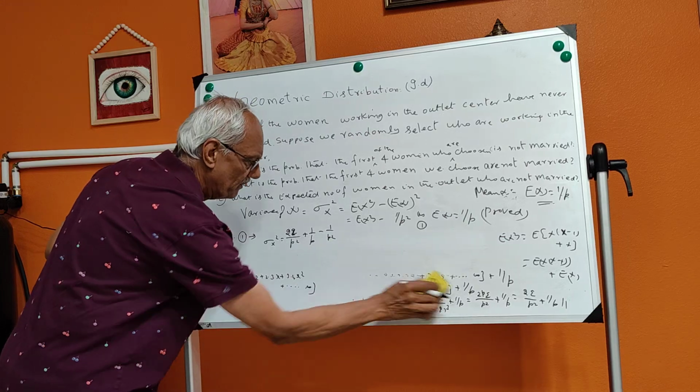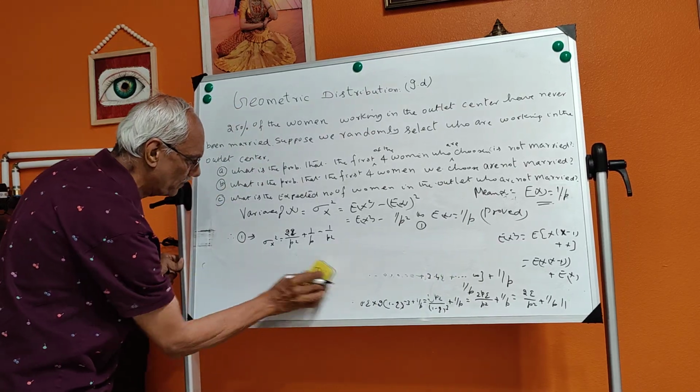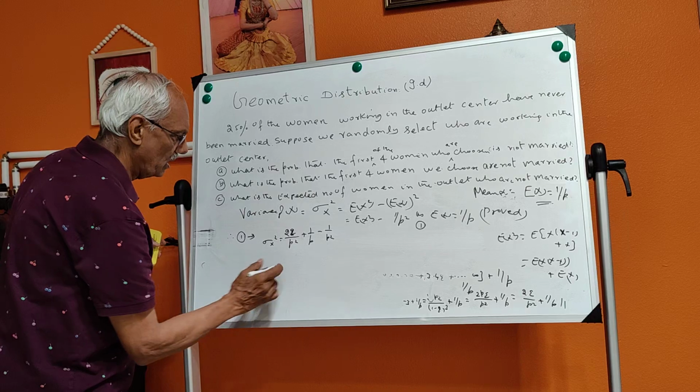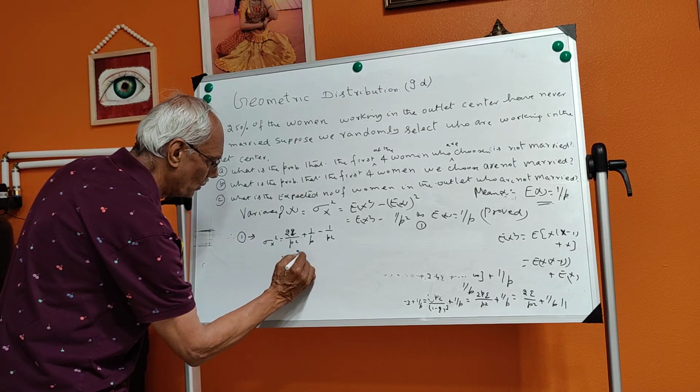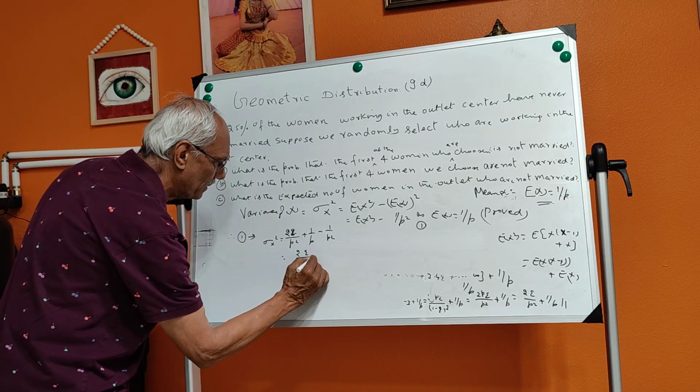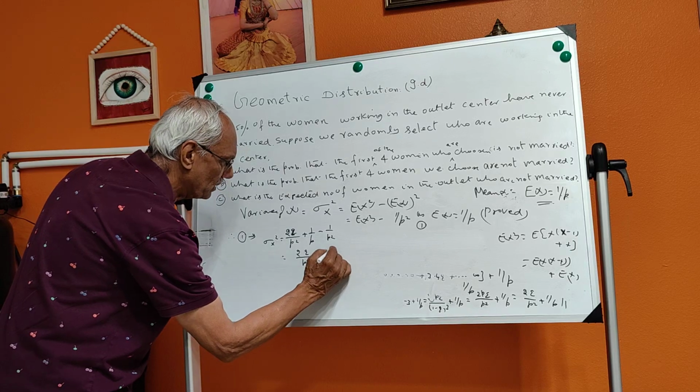Now simplification will give you the answer. So I will rub off everything here. So what do you get now? This is nothing but your 2q by p squared minus 1 by p squared.